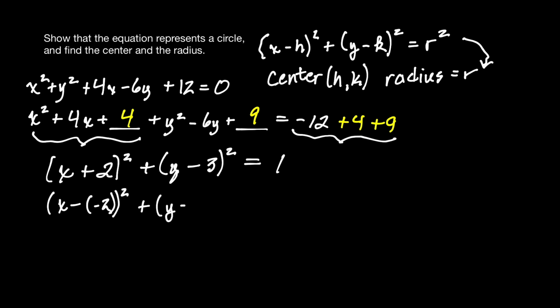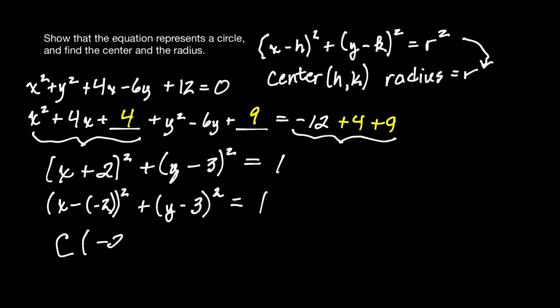This one is already a minus. This minus here is going to match up with this minus here, so we're good to go on this one. So y minus 3 quantity squared equals 1. So now I know what the center is. I know my center, I'll use a capital C, is going to be h, k, and my h in this case, x minus h, is a negative 2.